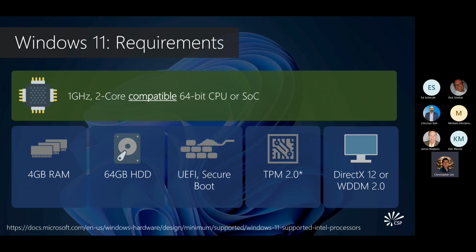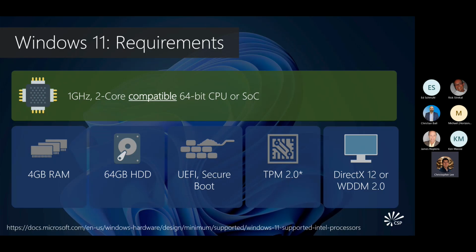And I've got a link at the bottom of the slide here that takes you to at least the Intel supported processors, a whole list of all the Intel supported processors. But what this boils down to is if you're running an Intel Core 8th generation or an AMD Ryzen 2nd generation processor or newer, you should be all right. But anything older than that, you're going to have problems.